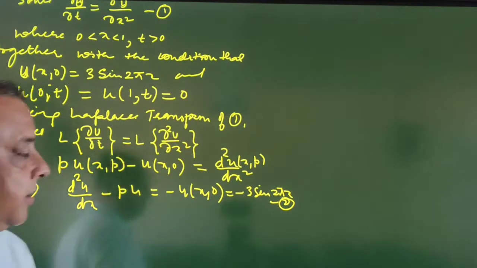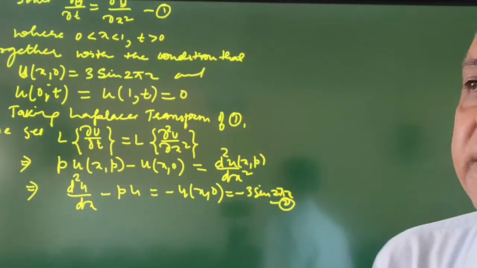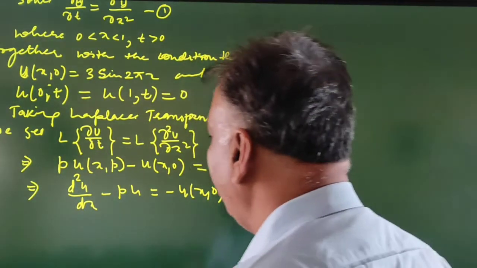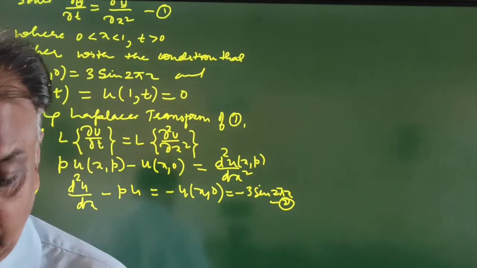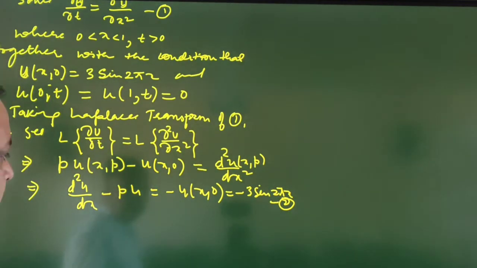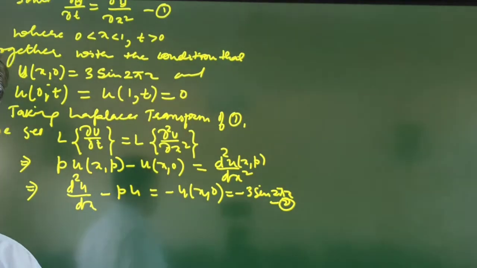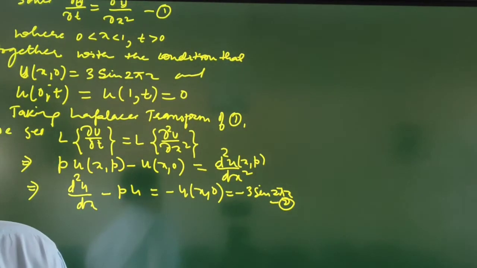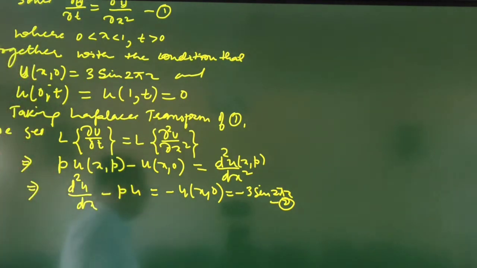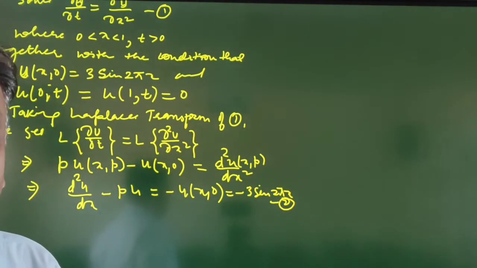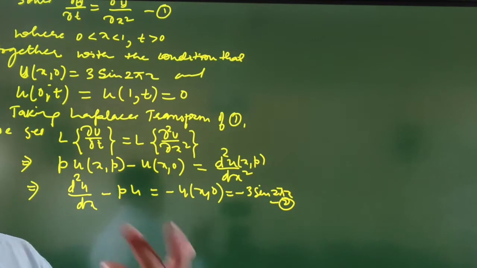Here we see that equation 2 is a second order linear differential equation. We can get the solution by the well-known methods. First we find the complementary function, and then we find the particular integral PI. Then we get the required solution.